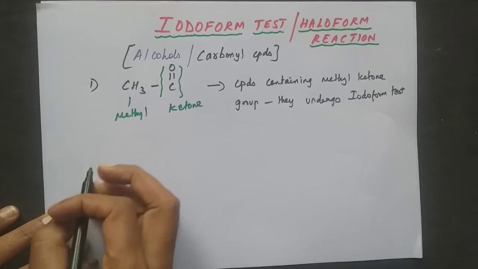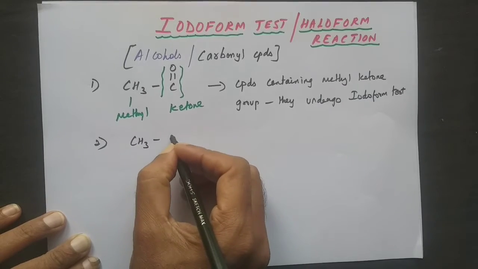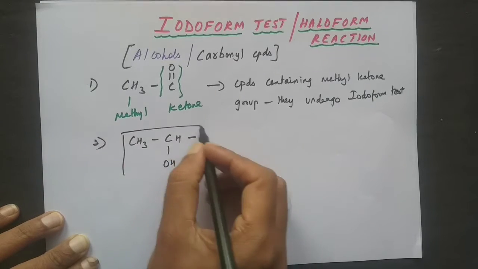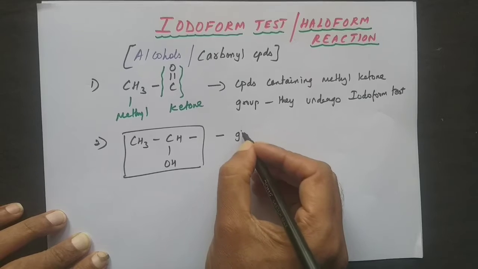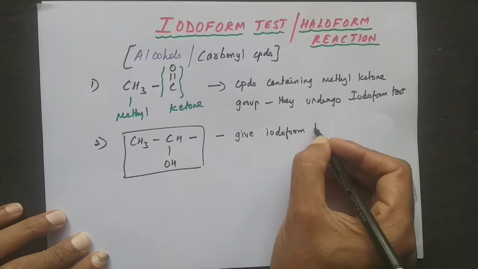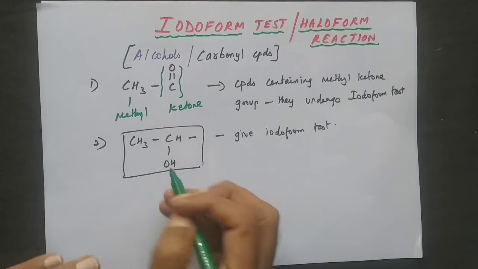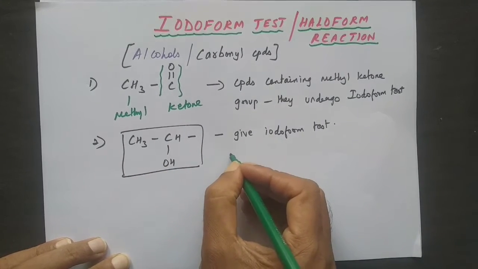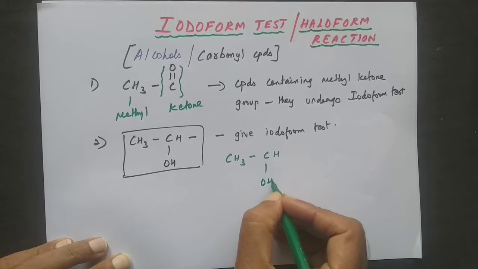That's very important. The second point is the compounds which have the CH3CHOH group. They will also give the iodoform test. Why do they give the iodoform test? The reason is we know CH3, CH and the OH.